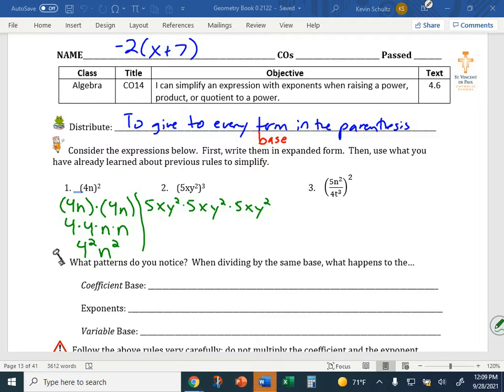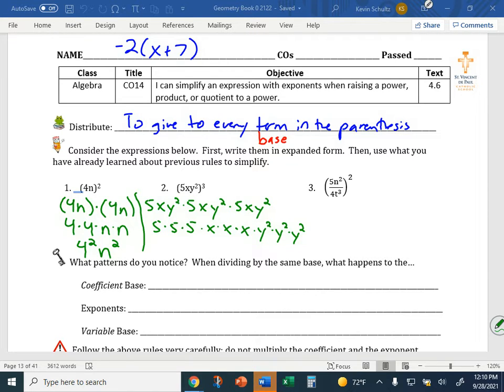Again, we're starting with expanded form so that you can see mathematically what's going on behind the scenes. There is a shortcut for this, thank goodness, but first we want to see what's going on. I can rearrange this since we're multiplying: 5 times 5 times 5 times x times x times x, times y squared times y squared times y squared.